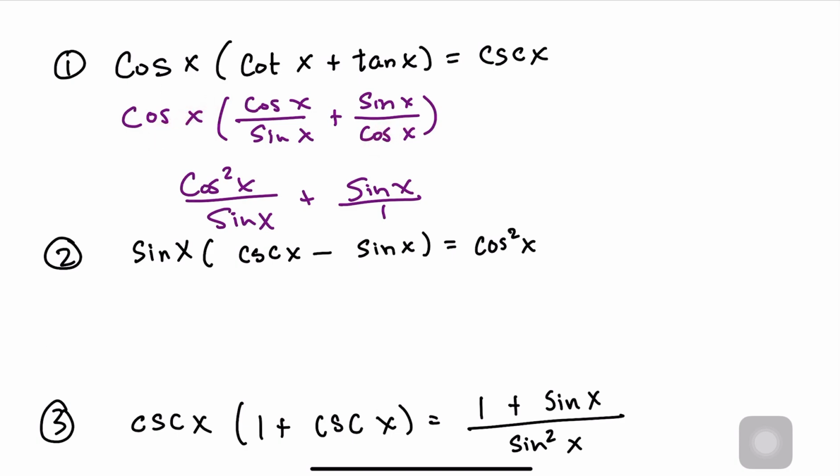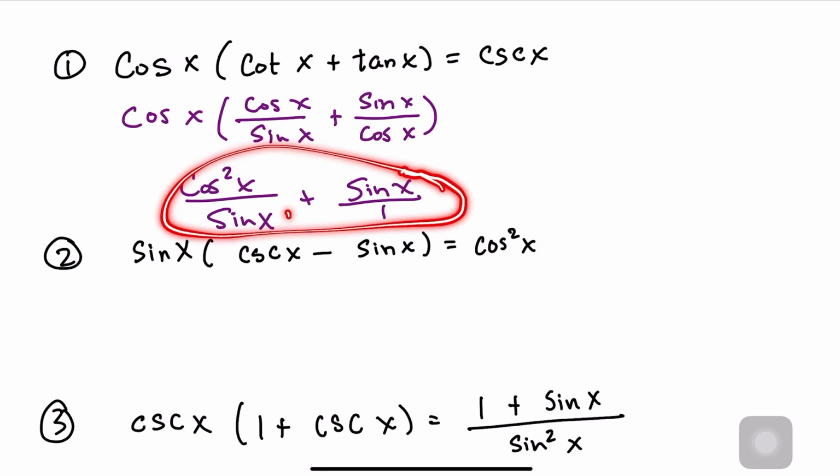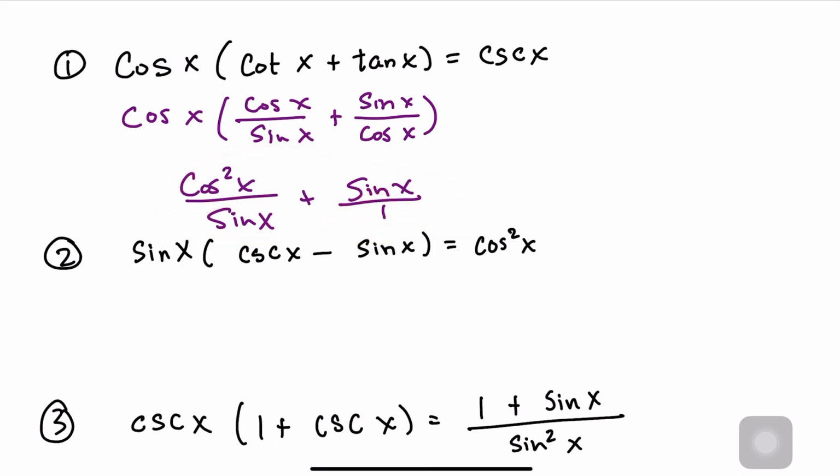You come to the realization of saying, well, what's next algebraically? Here we have this that we can add, and we again realize that we do not have common denominators. So the only thing left is to visualize what happens if I were to have sine x here. Oh, I can add them together.